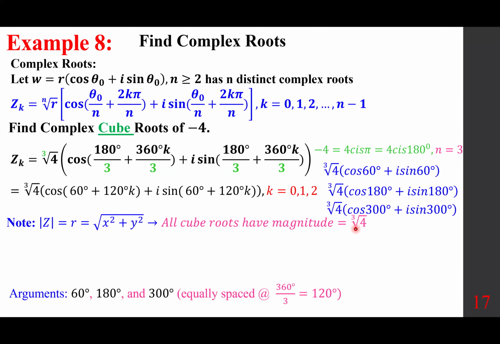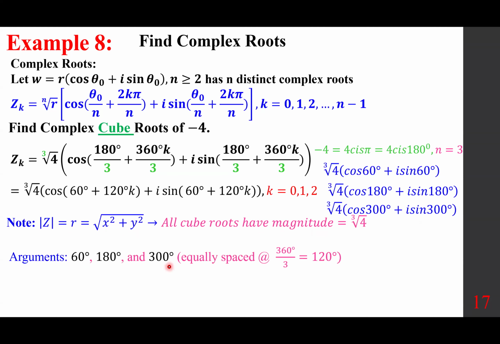The arguments are 60, 180, and 300 degrees, which means equally spaced at 2 pi or 360 divided by 3, or 120 degrees. So it starts from 60 and then you add 120. That's the 120k.